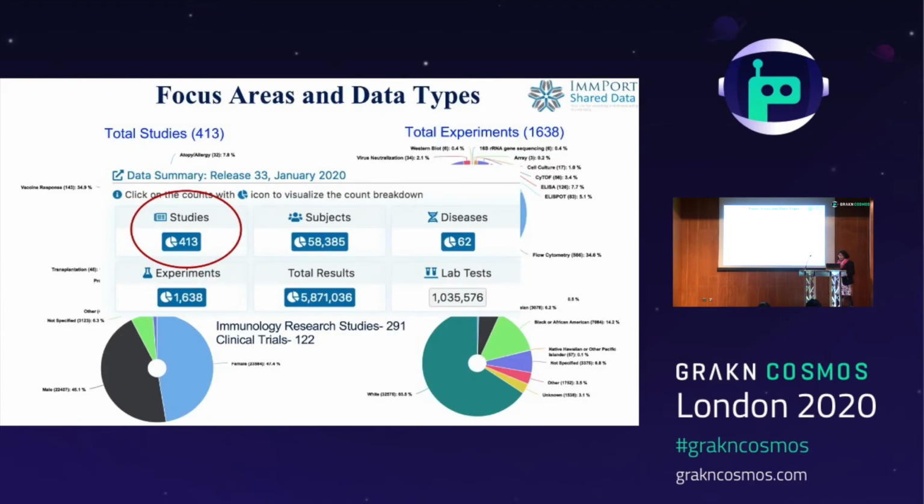Now I'll move on to the focus areas and the data types in ImmPort. We have about 413 studies with about 58,000 subjects, 62 diseases, data sets on those diseases, and we have tons of lab tests. If we break down into studies, as you can see here, we have a lot of allergy data sets, and then immune response, infection response, transplantation.